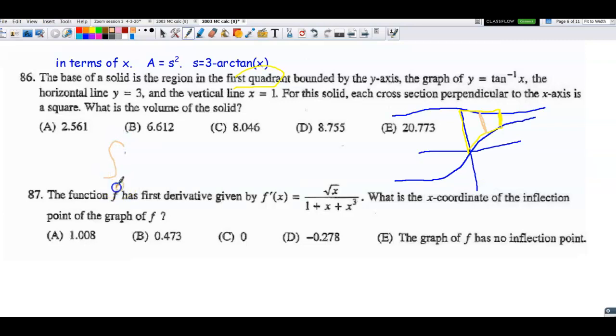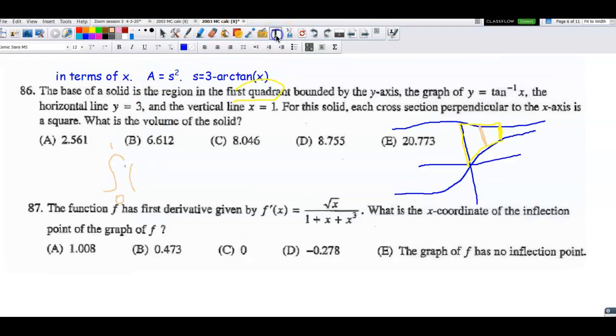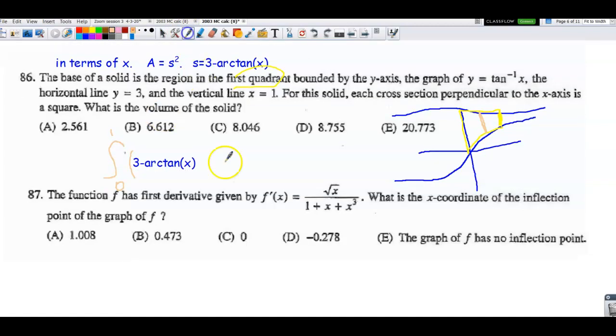All right, so when I do my integral, I'm going to accumulate starting at the lower bound of 0, stopping at the upper bound of 1, and I'm going to take my side, which is 3 minus arc tan of x, and then I'm going to square that, and I'm going to do that out on the calculator.